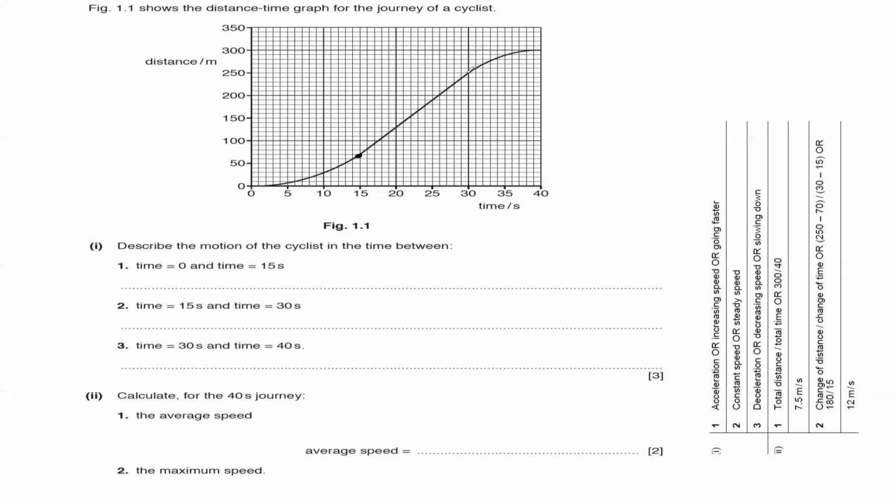How can we work out the maximum speed in this region? We have 15 seconds and 30 seconds, the interval, because it is continuously changing the speed. First it was accelerating, then moving with a constant speed, and then decreasing the speed.